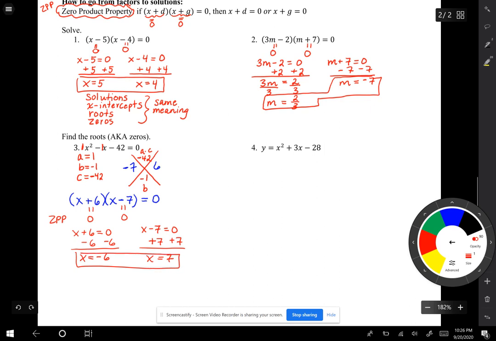Okay, and let us do our last one. So now this one's different. There's a y in there, but don't be scared because this is an example of a quadratic equation in standard form, and we learned how to graph it in the previous section. And when you see something like that, where the right side looks beautiful and the left side you see a y, you just replace that y with 0.